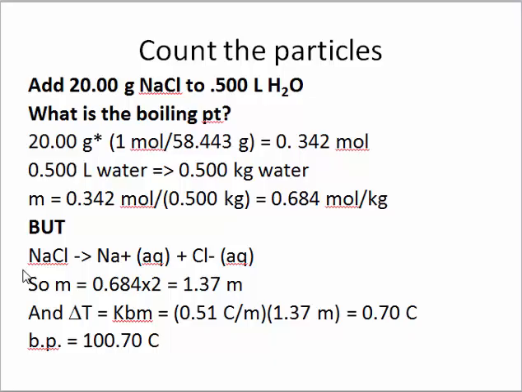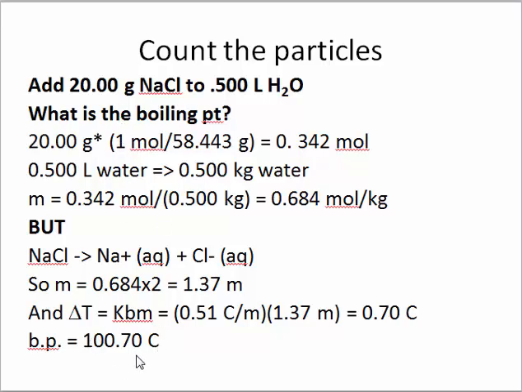And there are twice as many moles of particles as moles of sodium chloride in this solution. So the effective molality is 0.684 times 2, or 1.37 molal. And the change in the boiling temperature is 0.51 times 1.37, or 0.70 C. So again, we see a boiling point elevation of less than a degree.